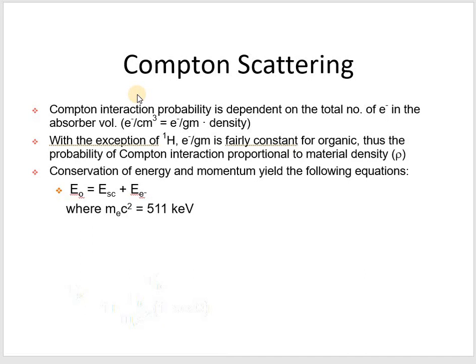The higher the number of electrons in a gram, the higher the chance for the incoming photons to interact with the electrons via Compton scattering. The conservation of energy and momentum follows this equation, where the initial energy is equivalent to the scattered photon plus the kinetic energy of this electron, or the recoil Compton electron.